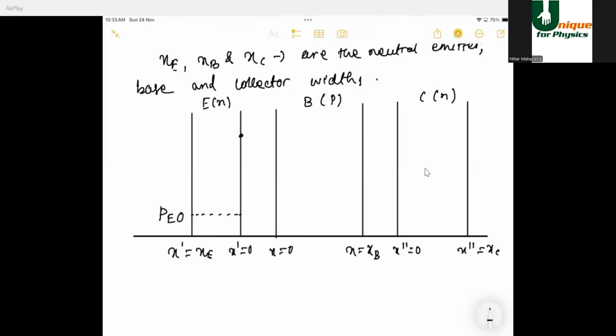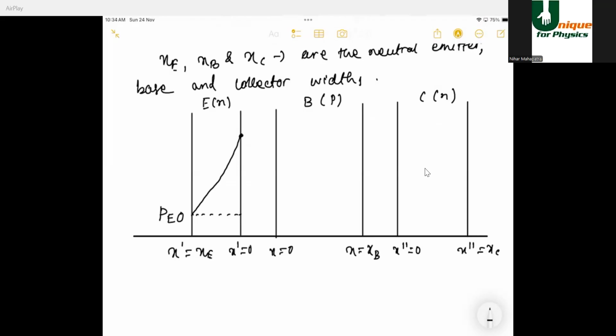You need to revisit the video that I have uploaded for the PN junction, minority carrier distribution in PN junction. That will give you more idea about why I'm showing the concentration this way. So PE0 is the thermal equilibrium hole concentration in the emitter region. It will vary from the maximum value and drop down to PE0.